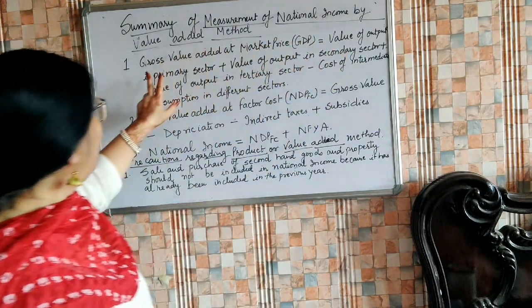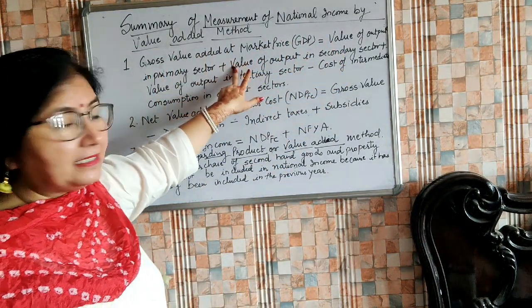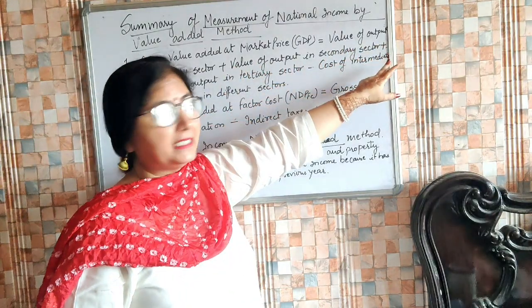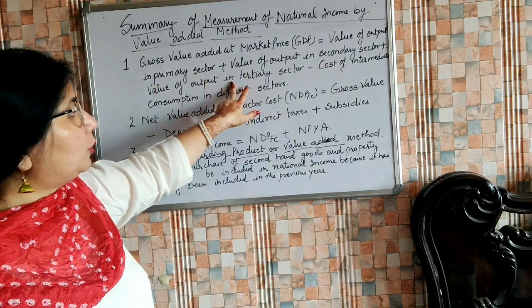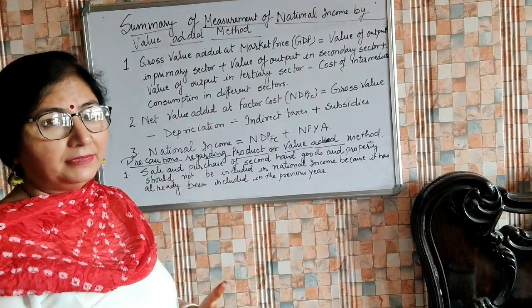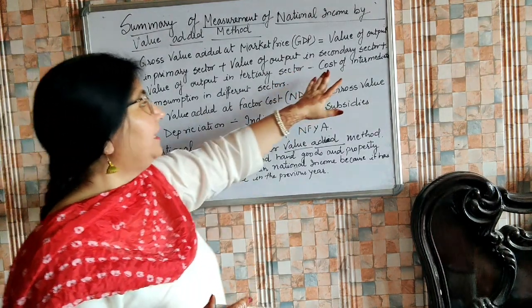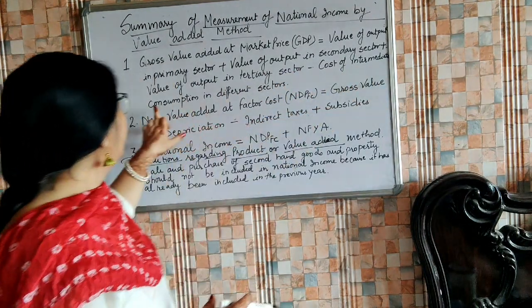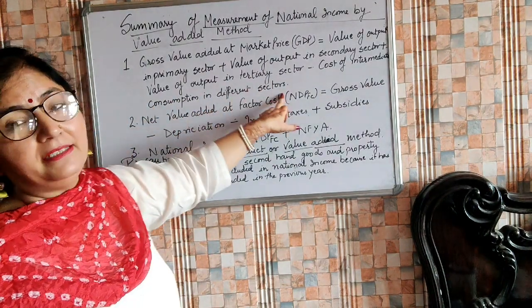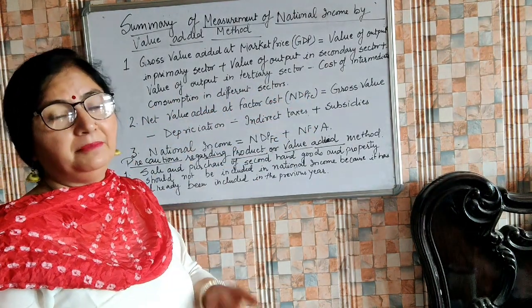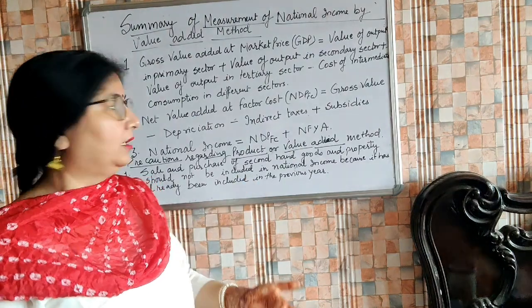Value of output in primary sector plus value of output in secondary sector plus value of output in tertiary sector, and from the summation of this we will be subtracting the cost of intermediate consumption in different sectors. It may be primary, secondary and tertiary, all.